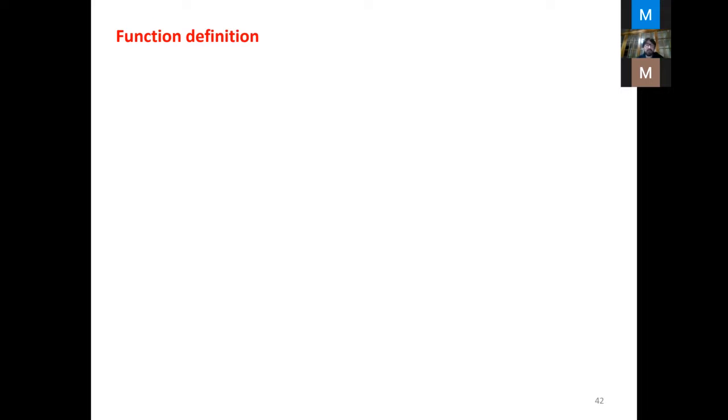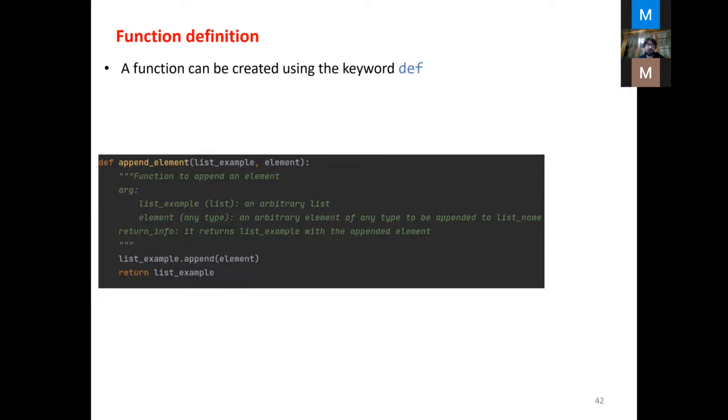Okay, so now we go to function definitions. A function definition is created by using the keyword def. I will go through the elements of how to create a function. So def is this orange word that you see here on the left.